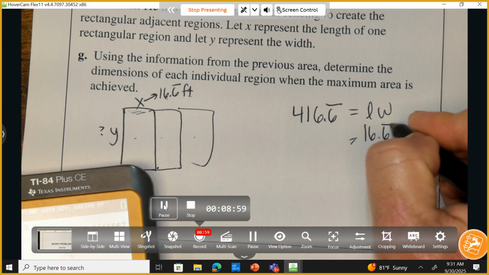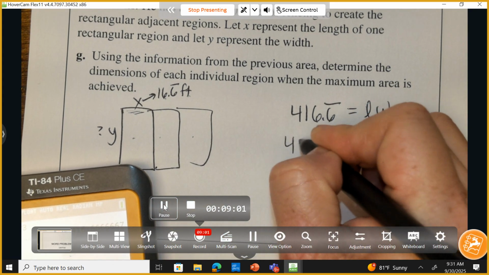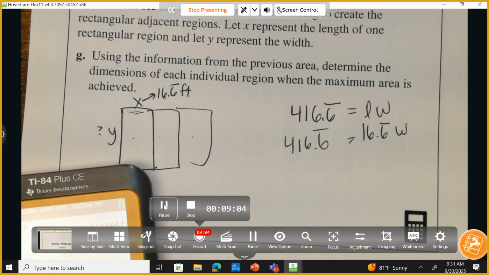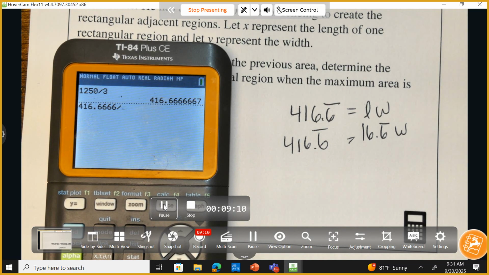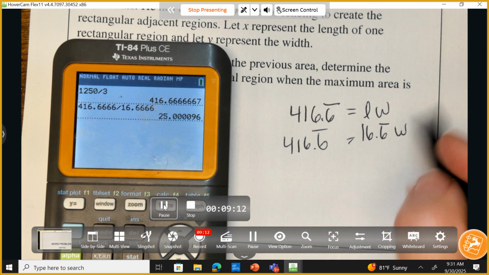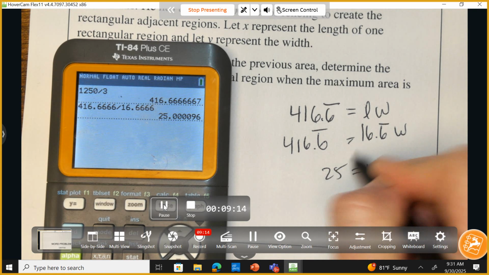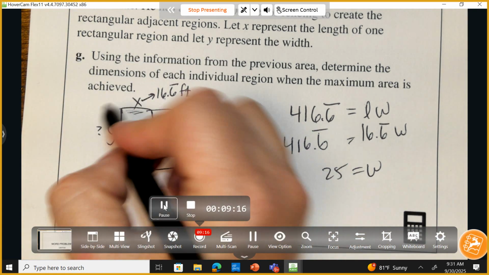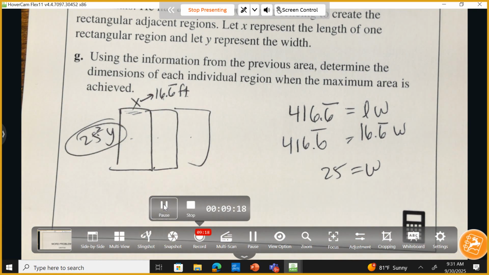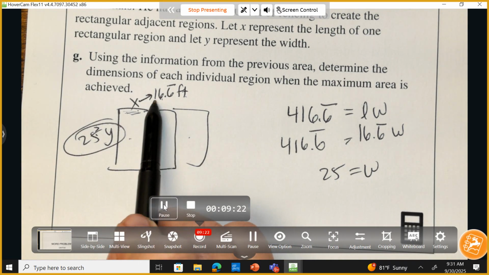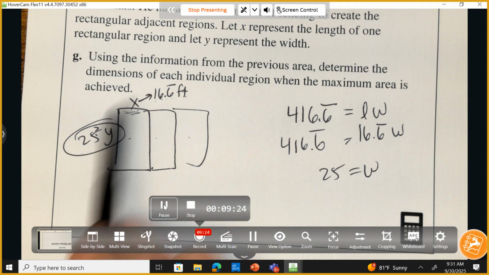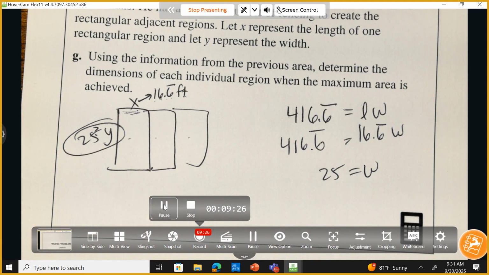So 16.6 repeating times the unknown width is equal to 416.6 repeating. So here we go: 416.6 repeating divided by 16.6 repeating, and I can see W is equal to 25. So I have a width of 25 feet and a length of 16.6 repeating, and then I get a maximum area of 1250. That's my preferred method.